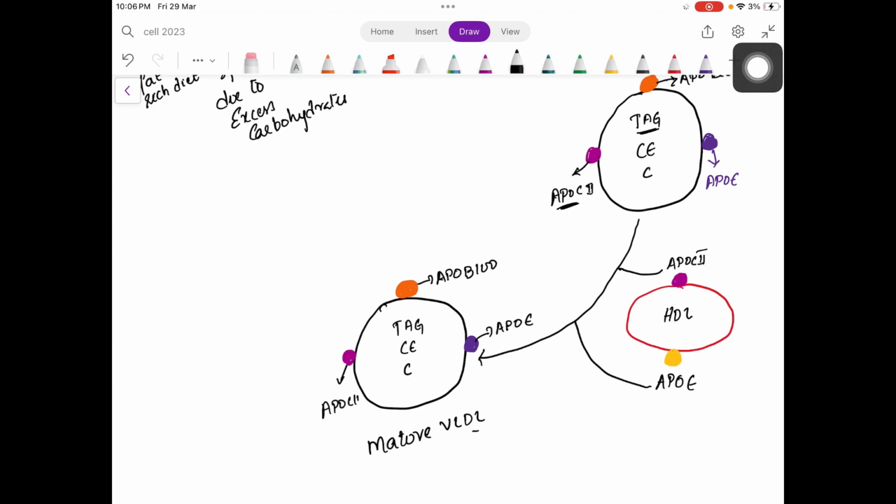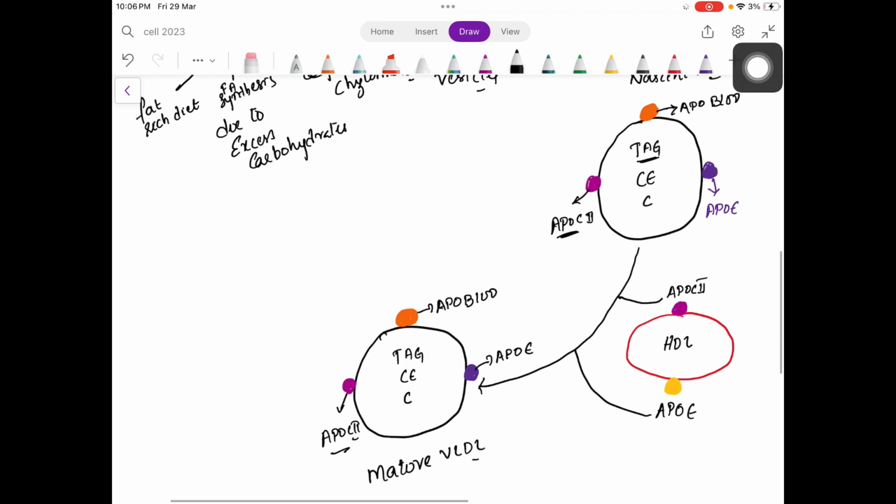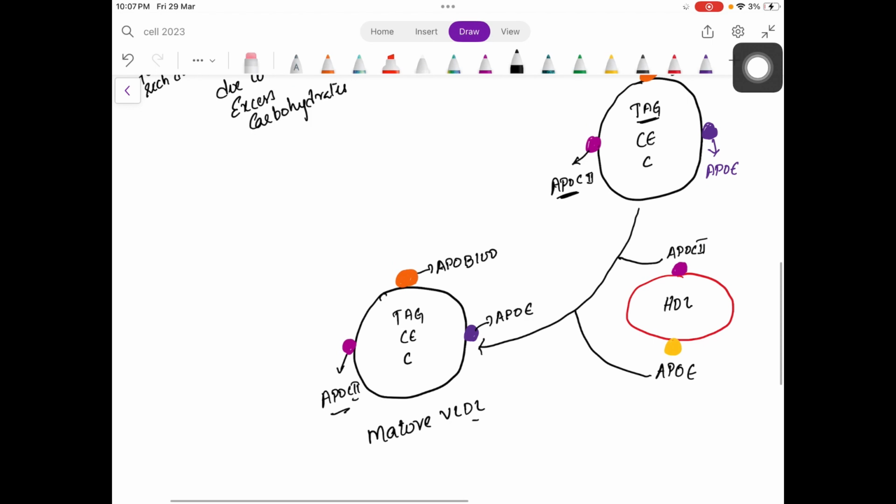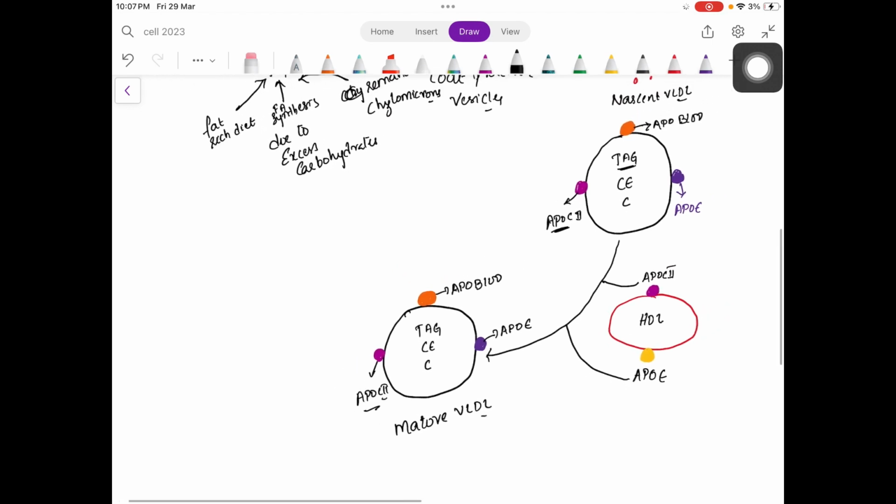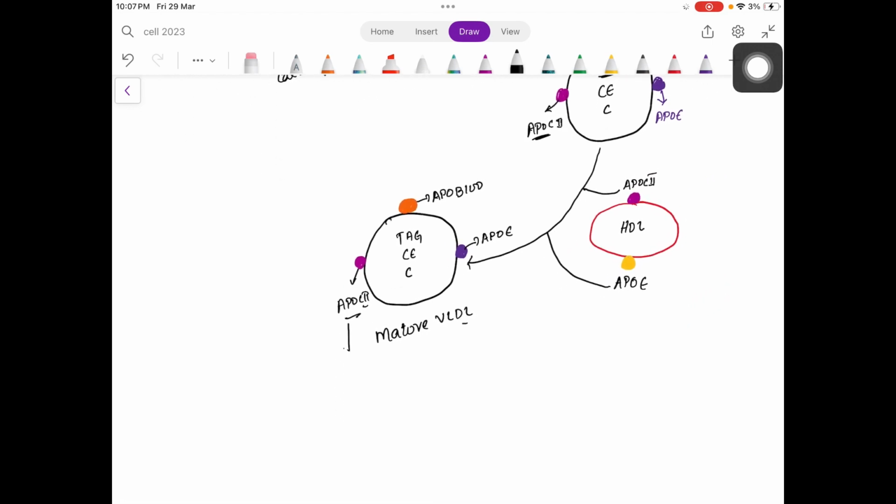This is ApoC2. Already nascent VLDL have little quantities of ApoC2 and ApoE, and major contribution is done from the HDL. The major ApoC2 and ApoE are contributed by HDL to the VLDL molecule so that they will become a mature VLDL. Now, what is the function of ApoC2?